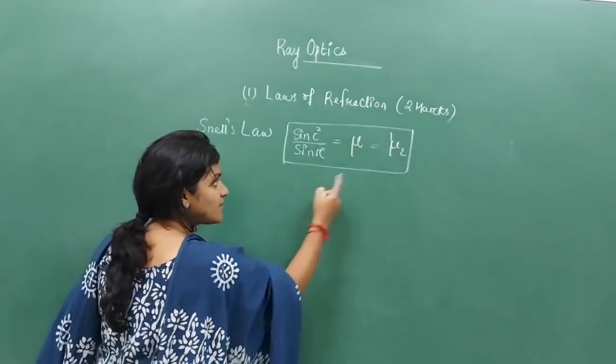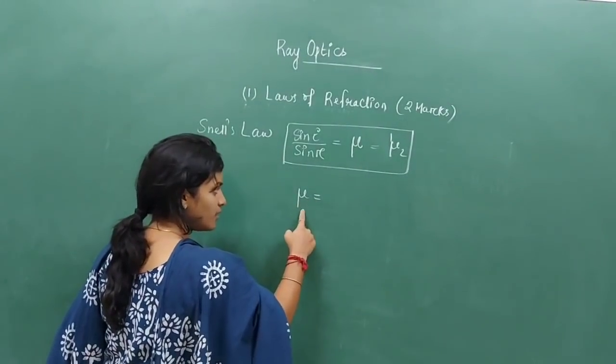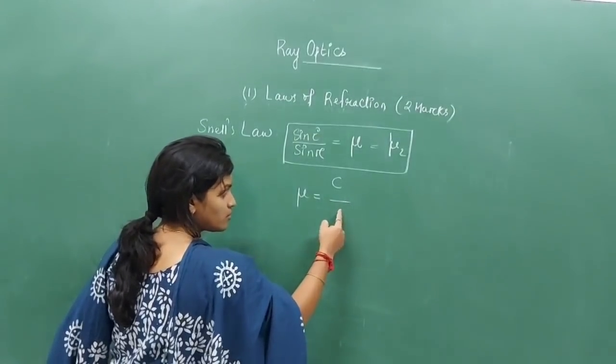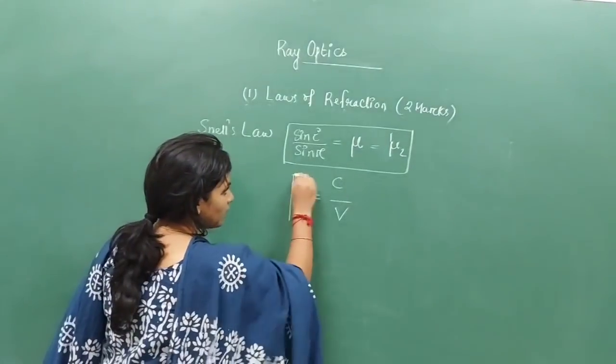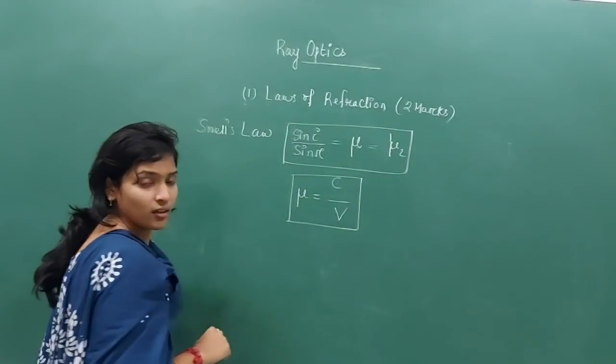If we generalize this formula, the refractive index of a medium is the ratio of the velocity of light in vacuum to the velocity of light in any other medium. So we have another formula for refractive index: mu equals c by v.